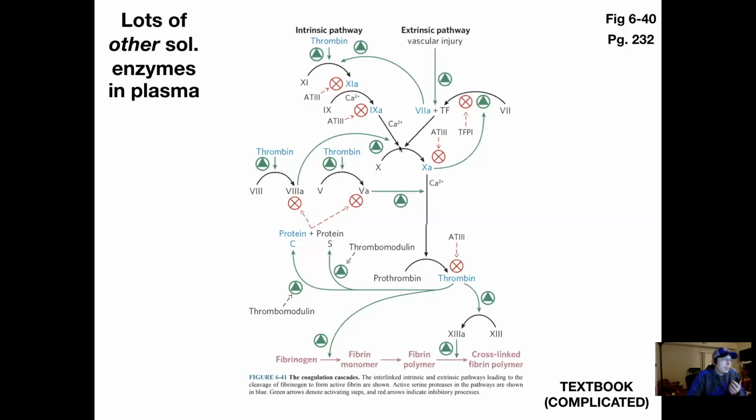The big take home I want you to have from spending a little time studying this particular pathway is that there's both positive and negative regulation. And that's really important because it makes sense to form a clot, right?